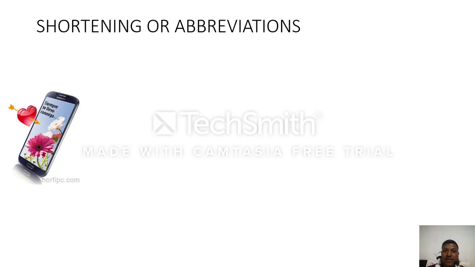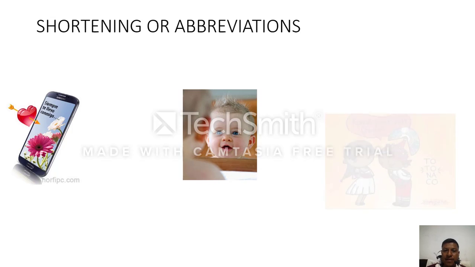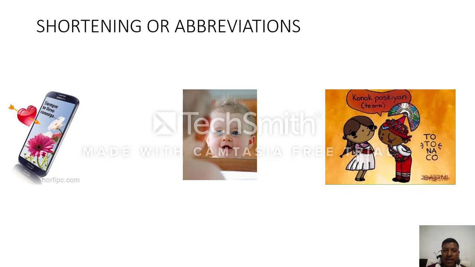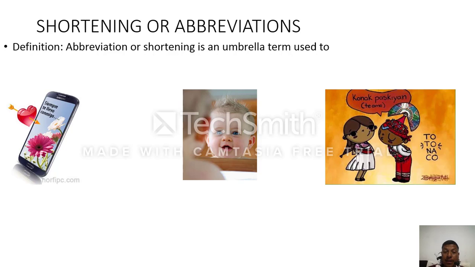Other relations in the abbreviation about the subtopic. Here are different examples about abbreviations. For example, in this topic, do you have a different definition? At this moment, what is a shortening or abbreviation?